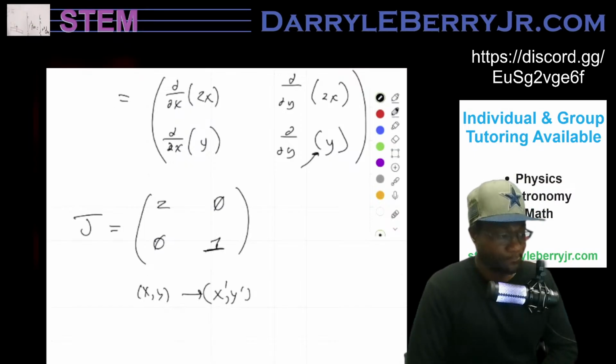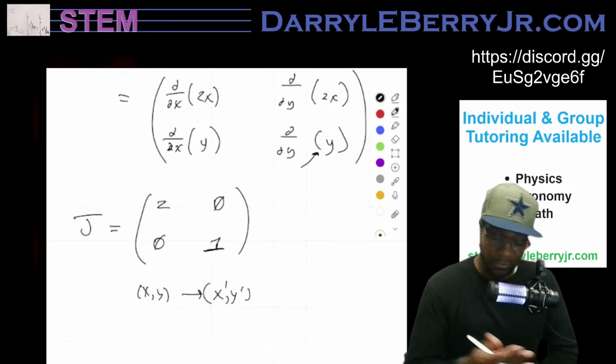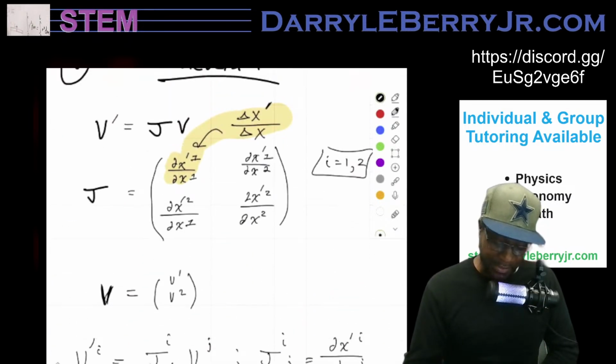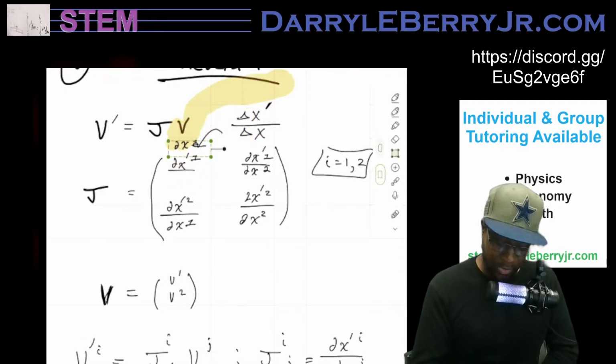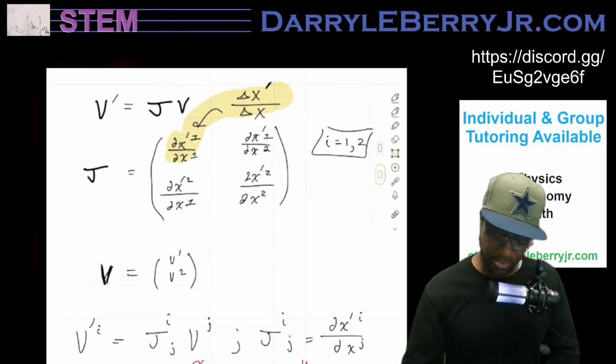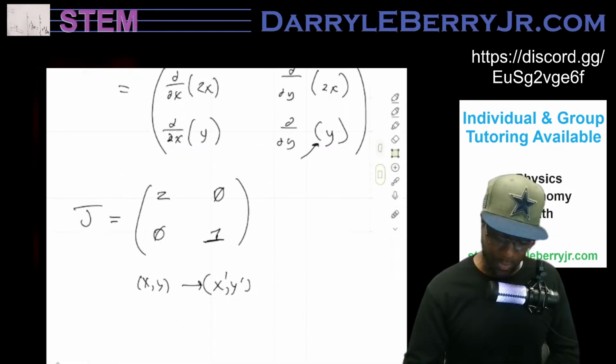So we have that. Right? Now there's also a reverse Jacobian to go from x prime and y prime. And all we have to do to get that is flip these. So instead of x prime being on the top, x prime will be on the bottom, and then we'll get a matrix to go the other way, right? So you can do that as an exercise if you want to see how that works.